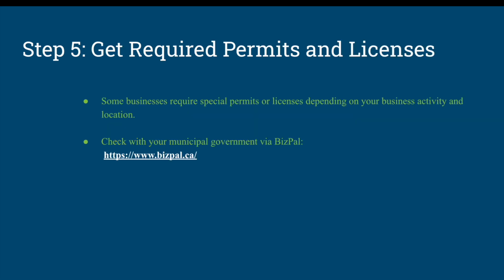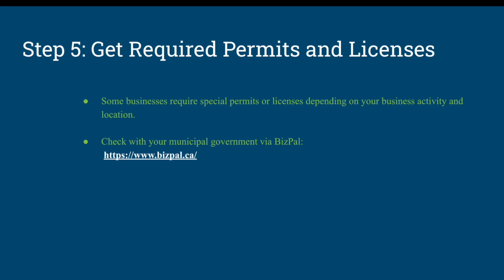Step 5. Get required permits and licenses. Some businesses require special permits or licenses depending on your business activity and location. Sometimes in a hurry we forget that we need certain permits and licenses in order to operate our business efficiently, right?